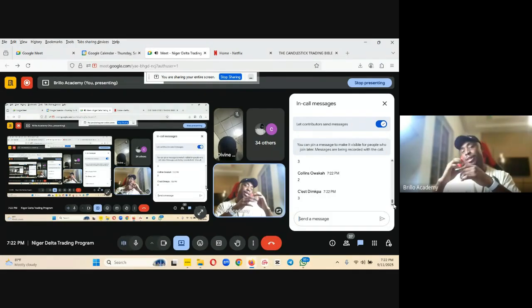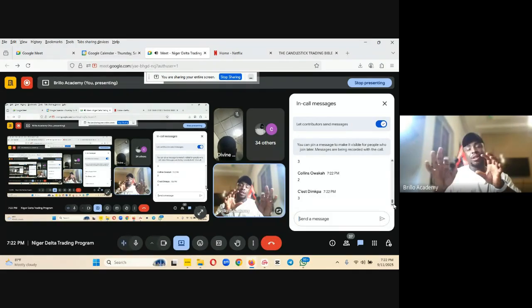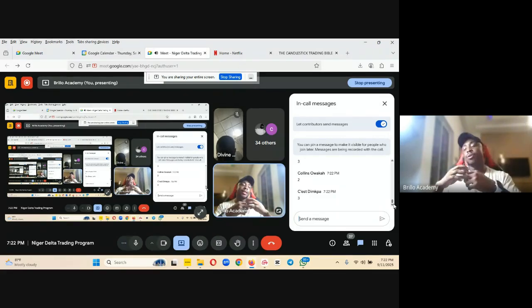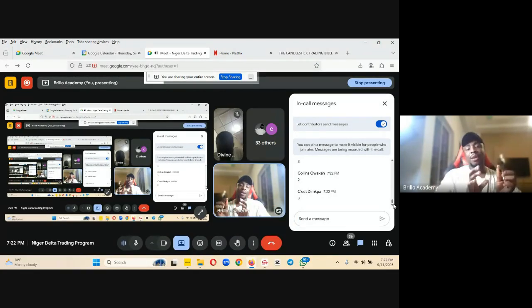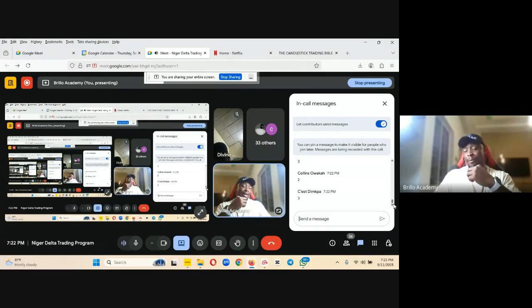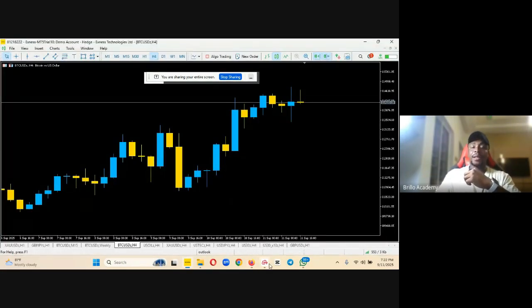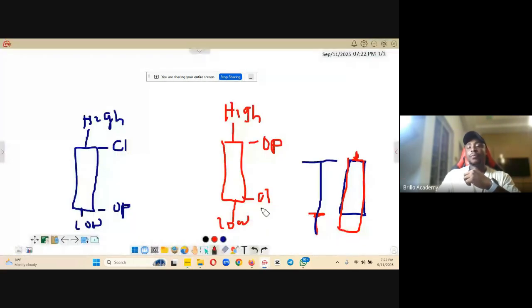If you spot these candlestick patterns on key levels like support, resistance, demand or supply zones, you can take hold of that opportunity, because these candlestick patterns are on a key level. So if you spot them on a key level, you take hold of the opportunity and enter a buy or sell market.